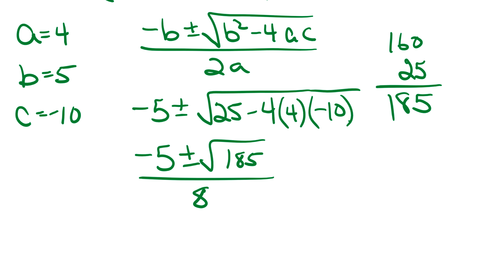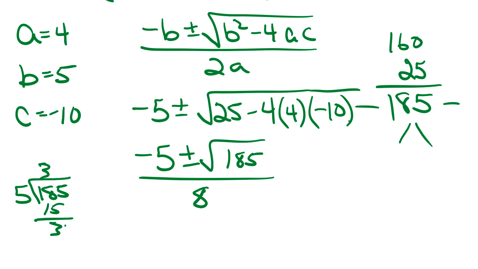Now it looks like I'm going to have to take this 185 and do what? Factor it. Okay, so I could say 5 goes into 185. I don't have my calculator with me, so I have to do it manually. So that's 37.